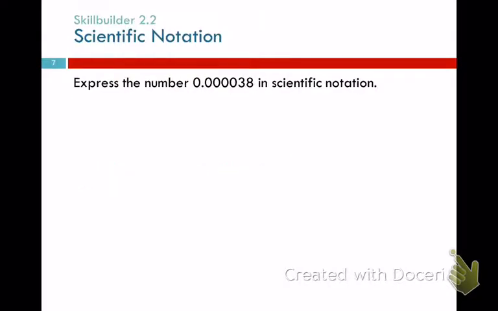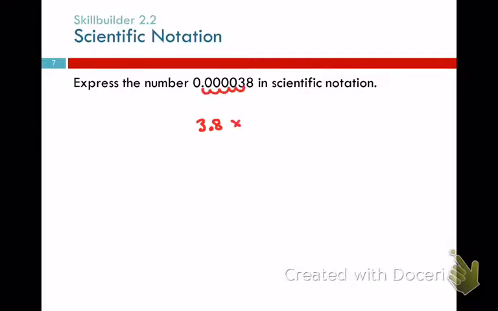So another one, that number in scientific notation. I hate that it doesn't have a unit, but it doesn't have a unit. So I'm going to go 3.8, because that puts the decimal between the first two numbers, not including the zeros. And you shift it over 1, 2, 3, 4, 5.